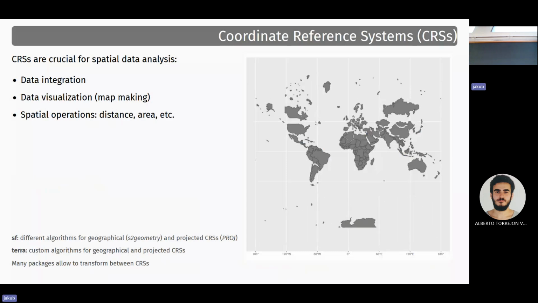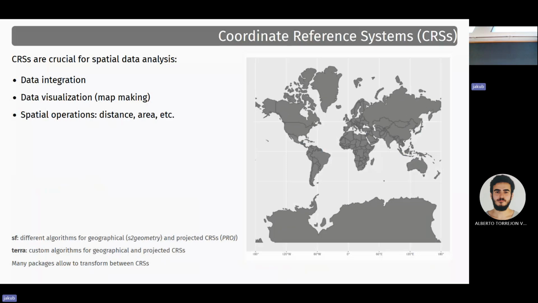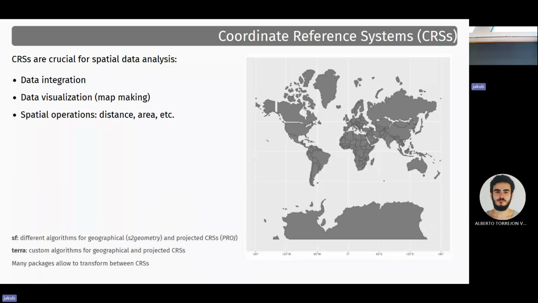And you can see that on this visualization. So in this animation, if you stop when Greenland is the largest, that is the Mercator projection, which is great with angles. It was used for sea travels, so it's, I think, connected to Sevilla in a sense.